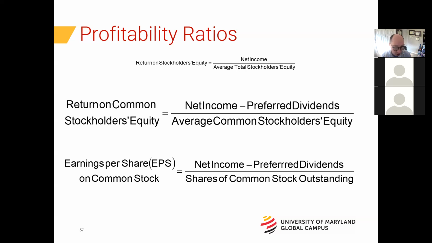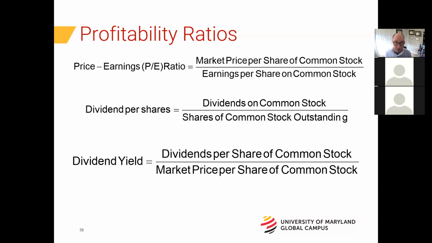You recall the word outstanding as a result from shares. Any type of shares outstanding means shares that have been issued and purchased by individuals. That's why we call it outstanding, outside of the company. And all of those are profitability ratios.